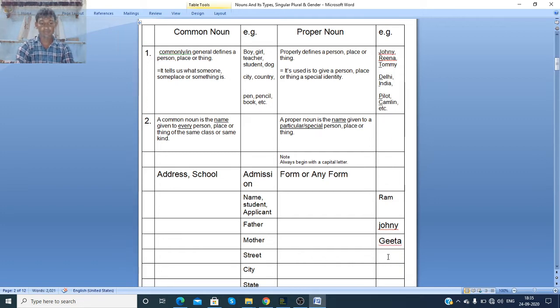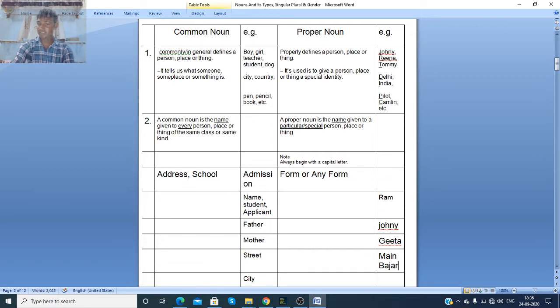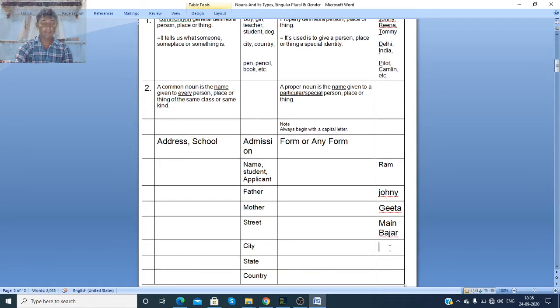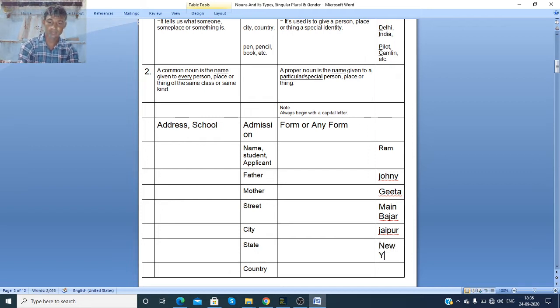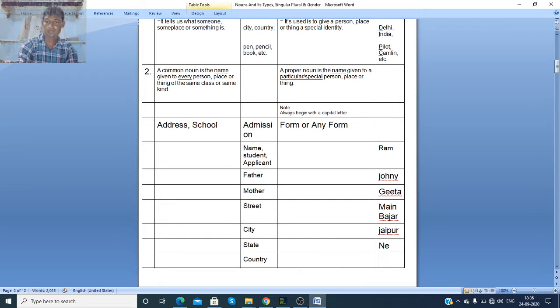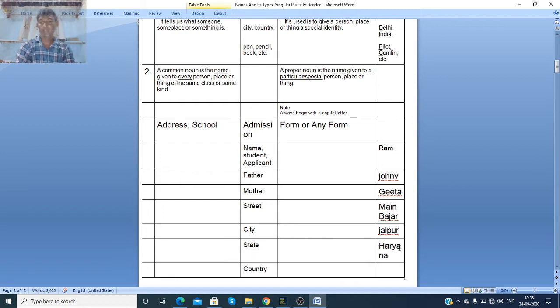Street, members, city, Jaipur, state, Haryana, and country, India.